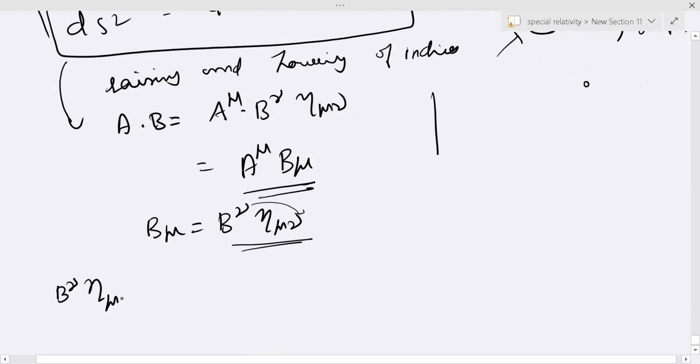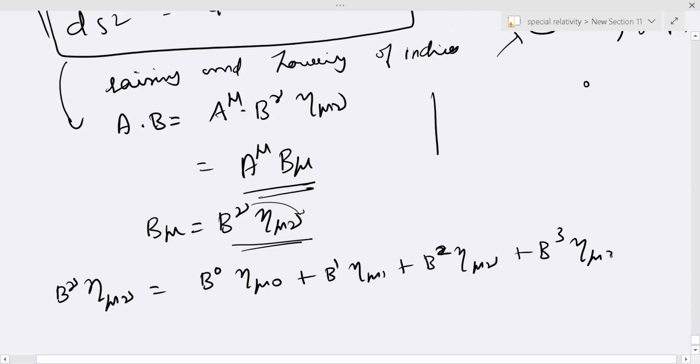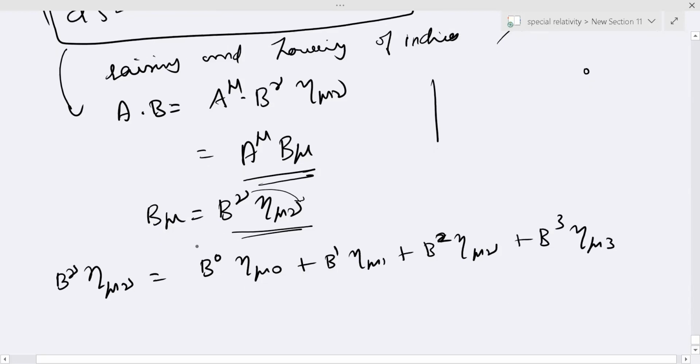B^ν η_μν is equal to B^0 η_μ0 plus B^1 η_μ1 plus B^2 η_μ2 plus B^3 η_μ3. But we know that only one of these terms will survive. If μ equals 0, it will be this term. If μ is 1, it will be this term. If μ is 2, this term. If μ is 3, this term. This we define as B_μ. It has only one index.